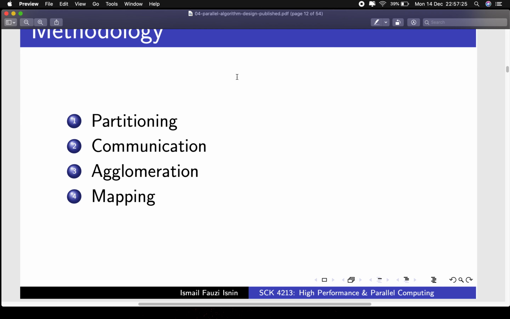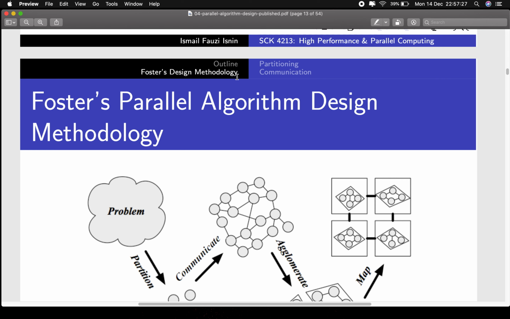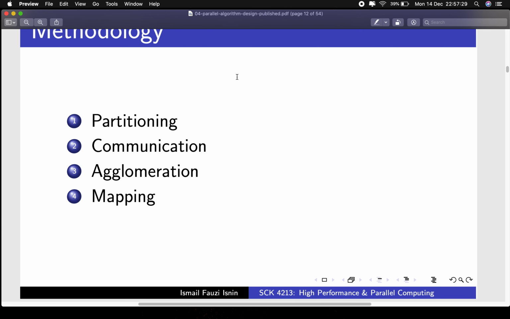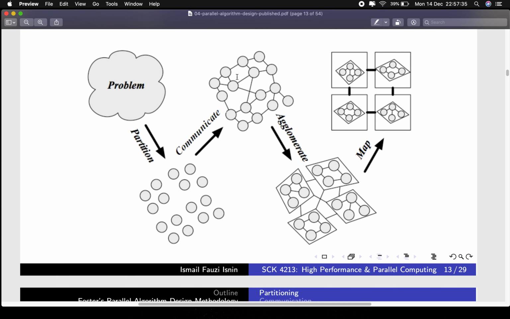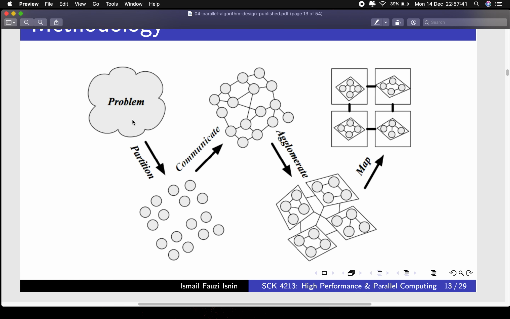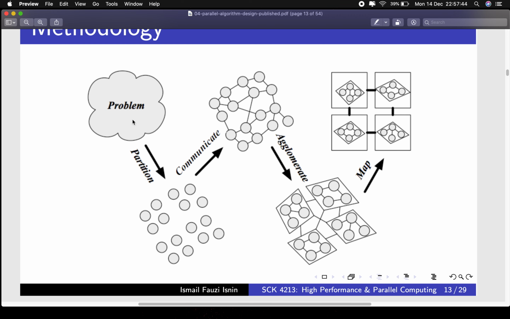So the first method is partitioning. If, let's say, you have a problem, you will use the first method, which is partitioning.